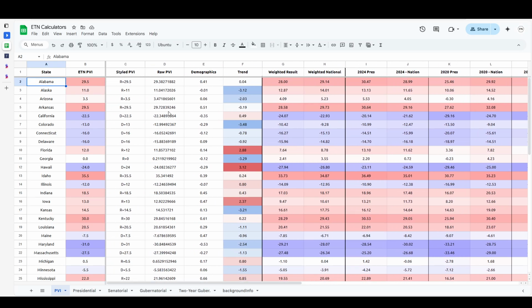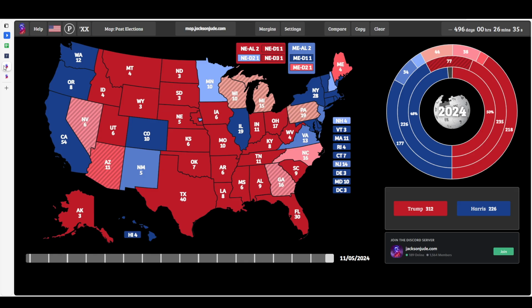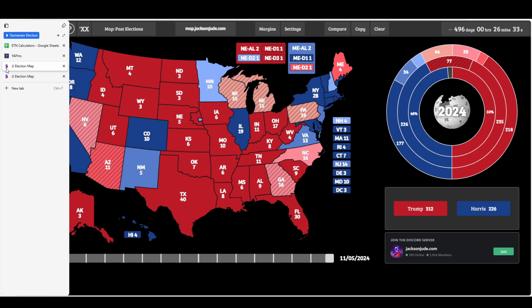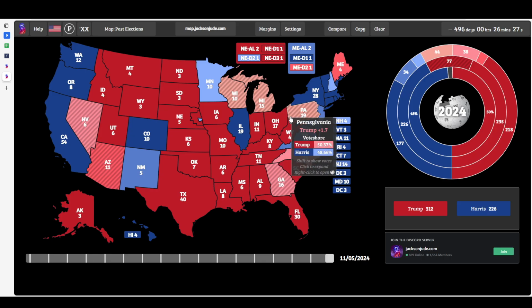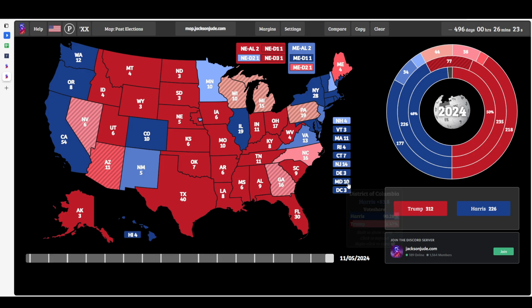So over here, we can see this is of course the 2024 presidential map. We've seen this a lot, just because it's the most recent presidential election. But all of the PVIs are the exact same party that won the state in 2024. And that's not that surprising, since Trump did win all the swing states.